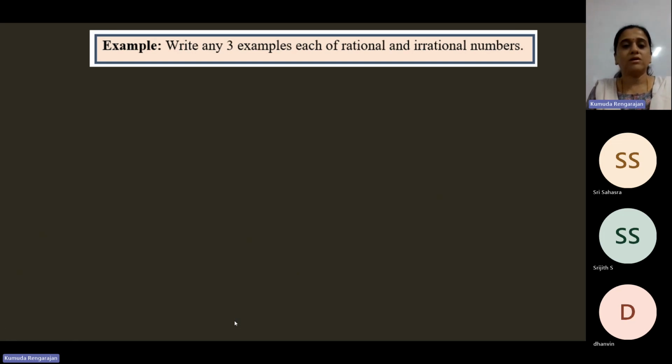Okay. Write any three examples each of rational and irrational numbers.